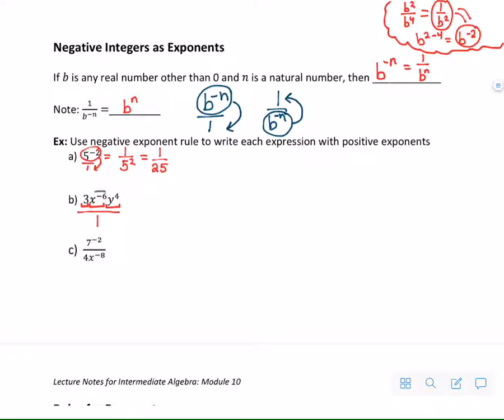So I'm going to take this here and move it down here, but leave everything else behind. So this expression becomes 3y to the 4th on top, and on bottom, x to the 6th. Does that make sense? You're taking negative exponents and moving them to the other end.